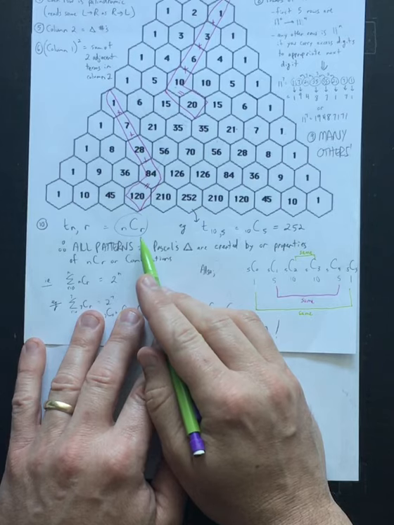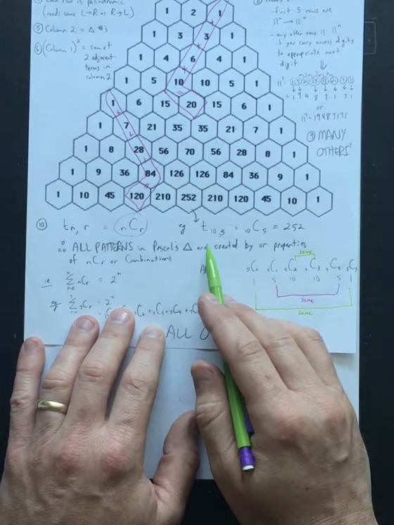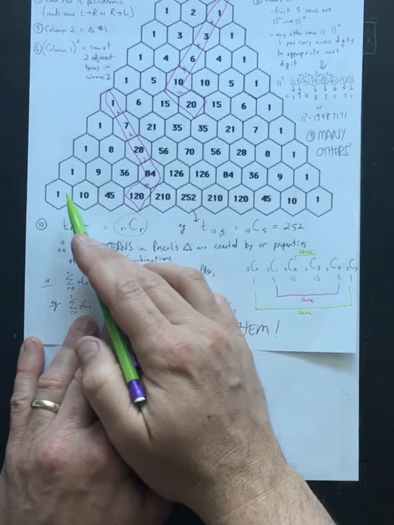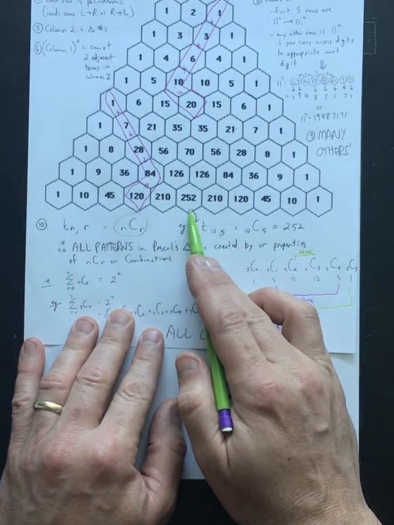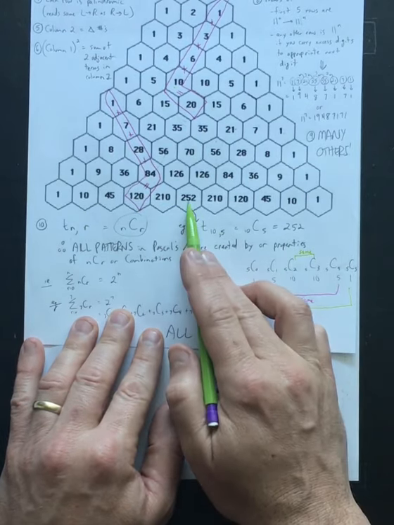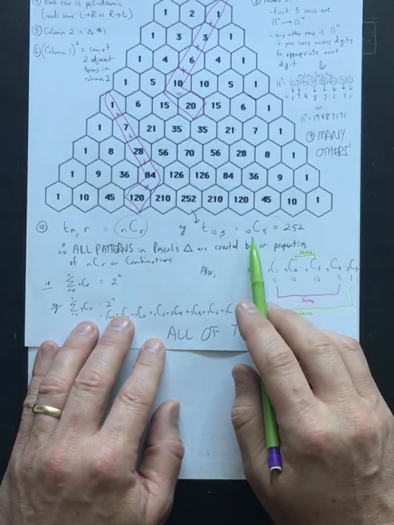So take a couple of seconds to think about that and realize that when we choose elements, T10,5, so 0, 1, 2, 3, 4, 5, T10,5 is 252.